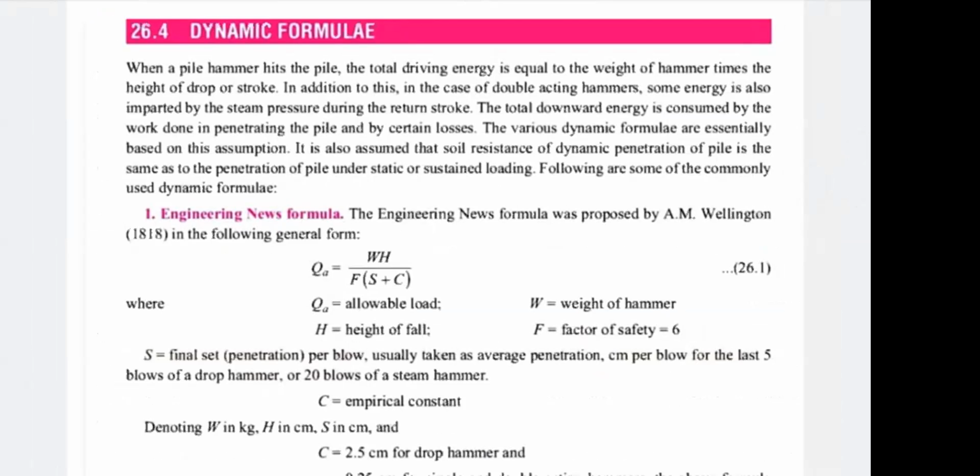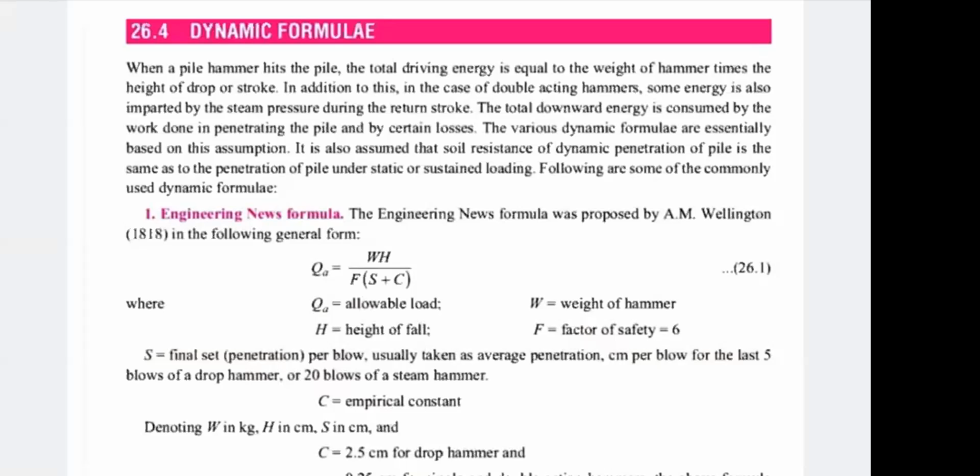Energy is equal to the weight of the hammer times the height of drop or the stroke. Like you do in the impact test, if you remember your concrete technology practical, you have a hammer, and you give a drop from a certain height to the pile so that your pile is fully inserted into the ground.